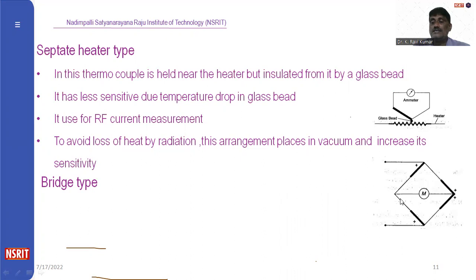In this one, there is no insulator and no direct connectivity to the PMMC instrument. That's why the sensitivity will increase. Mainly, different types of materials are used in thermocouples. That is, constantan or manganese elements are used for the thermocouple.